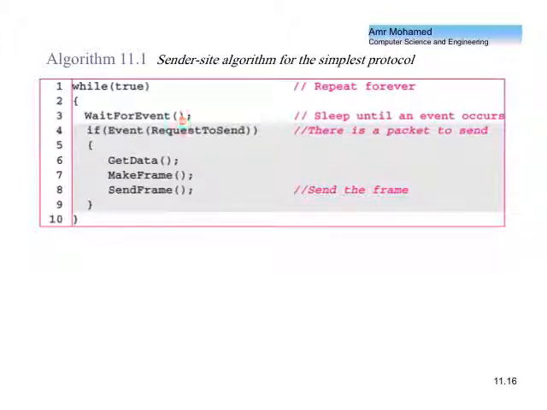If that function returns, the first thing I should ask myself is, what is that event? Is that event one of the events that I'm waiting for or not? So you have to filter out the events. Is it an event for a request to send, or in other words, is this data coming from the network layer that needs me to send?